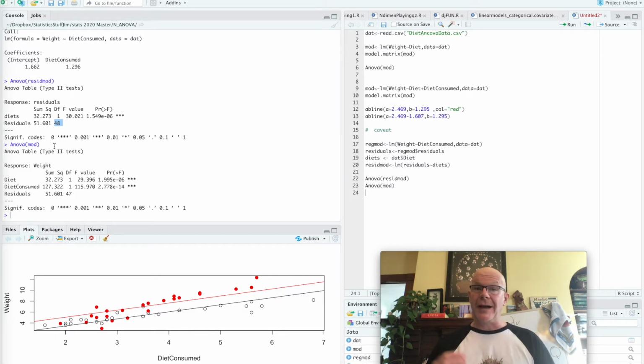And so as a consequence of running a model, saving the residuals, and then analyzing those residuals, we're not accurately keeping track of degrees of freedom appropriately. This 47, that is the appropriate degrees of freedom that we should have for this particular model. 48 is failing to account for the fact that we had to already estimate a parameter to get those residuals.